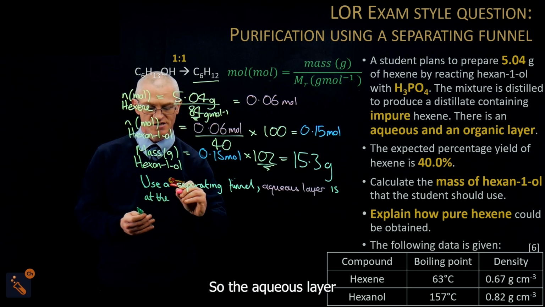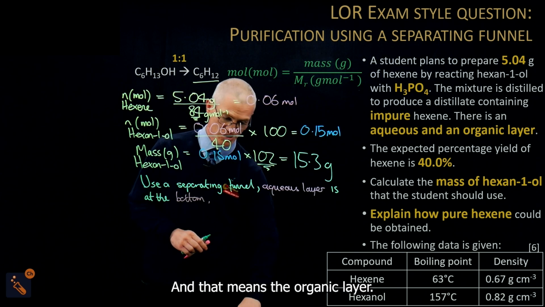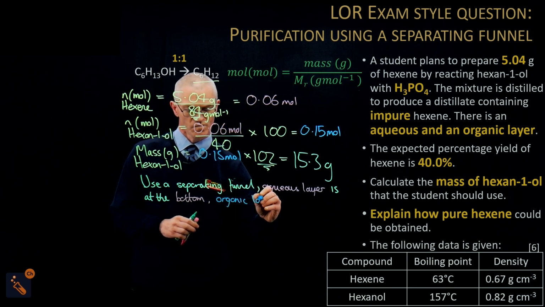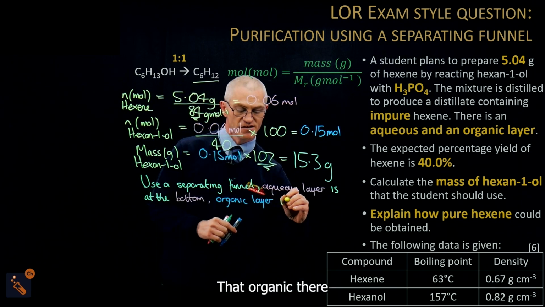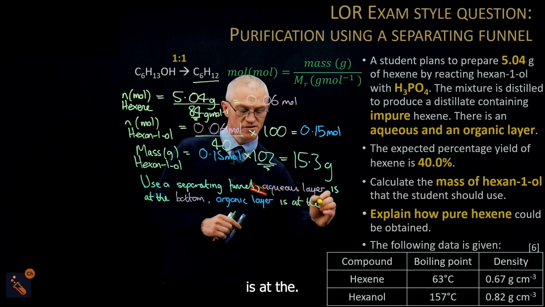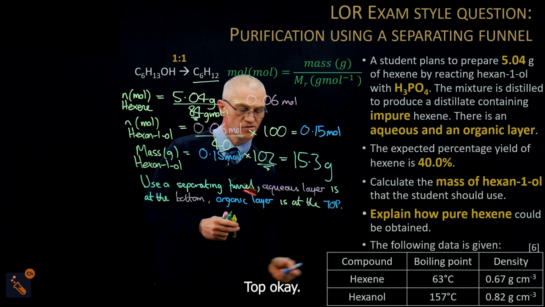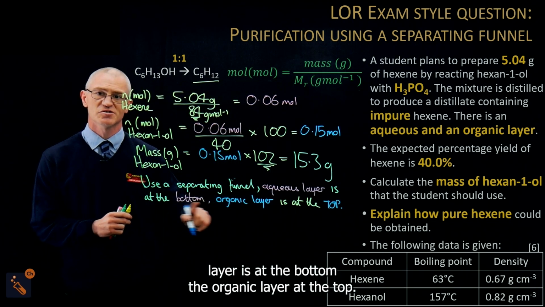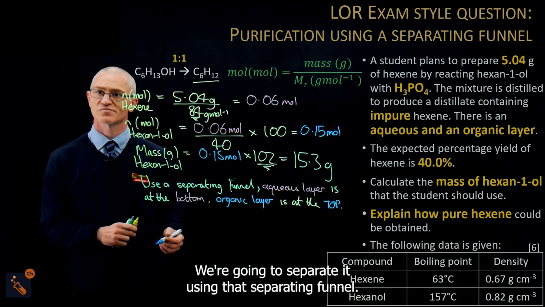So the aqueous layer is at the bottom, and that means the organic layer is at the top. So using the separating funnel, the aqueous layer is at the bottom, the organic layer is at the top. We're going to separate it using that separating funnel.